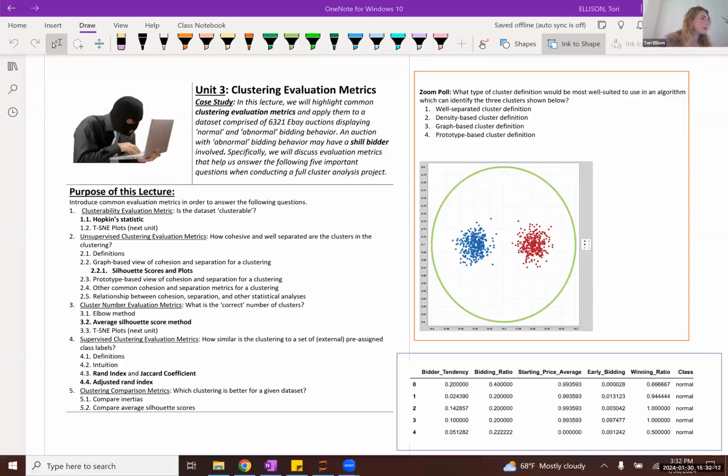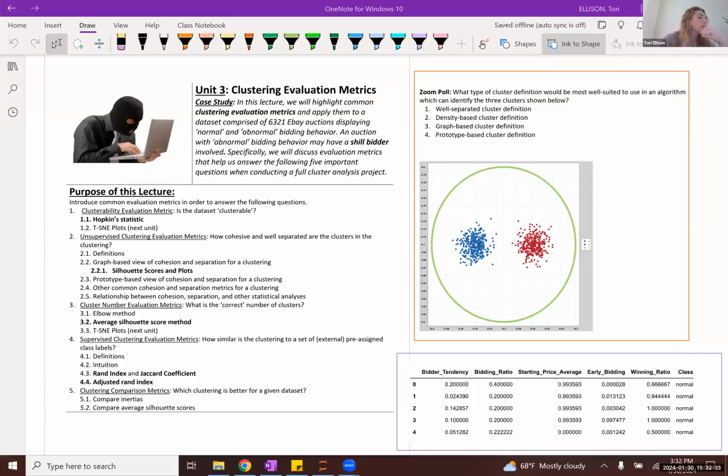So try to submit in the next few seconds. But again, you want to think about our goal is to identify these 3 clusters here that we can see with our eyes. So well-separated, density-based cluster, graph-based cluster, or a prototype-based cluster.